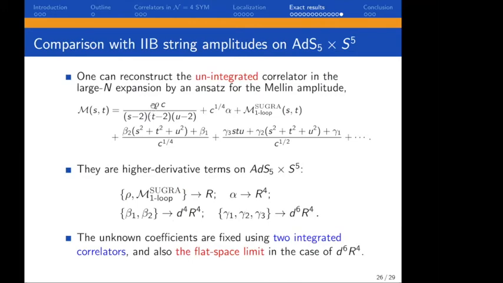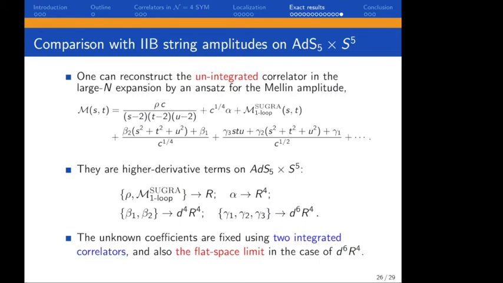For the first 3 cases, well, let me not consider the one loop case, for the first 3 cases, maximally we only have 2 functions to fix, and we do have 2 integrated correlators in the large N expansion. One comes from taking the partition function, taking a derivative with respect to mass, and a derivative with respect to coupling.